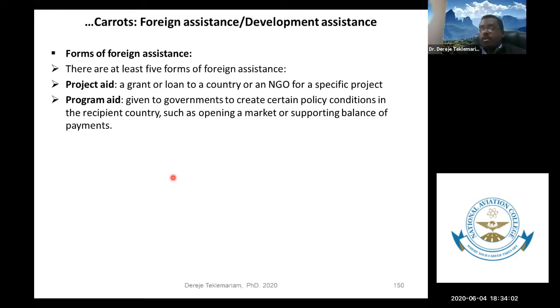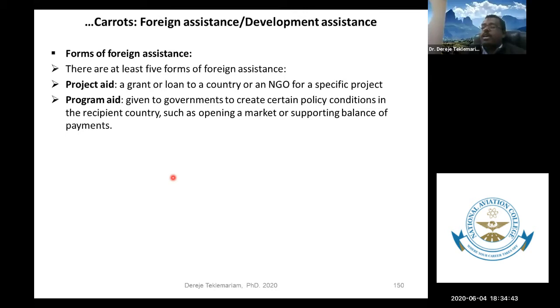For example, if you ask the British International Development Agency, USAID, the German GIZ, the Japan JICA, the Swedish and the Norwegian, like NORAD, and the Belgian VLIR, and then a number of Flemish aid programs, the Dutch, Germany, and Norway, they'll tell you that the Ethiopian government and its offices in the ministries never understand what we are working for.